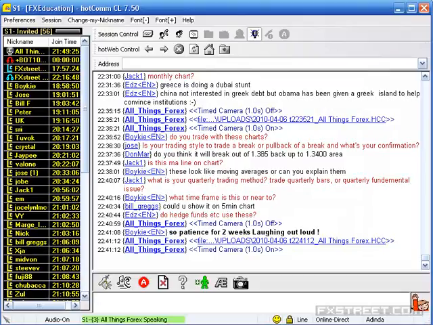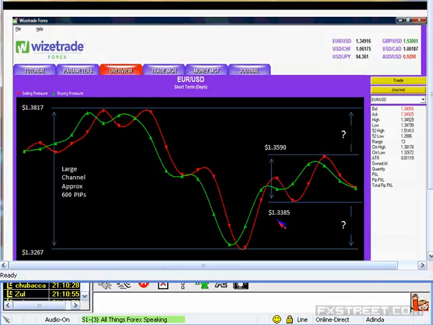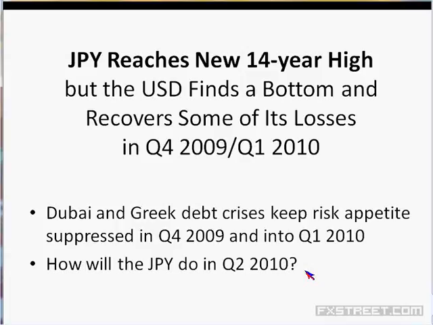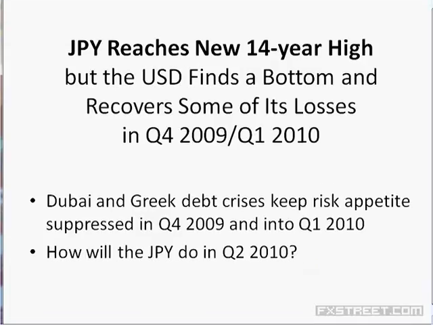This channel right there, that low at $1.3385 today, which in my opinion could open the door for a test of the bottom and a previous low at $1.3267.